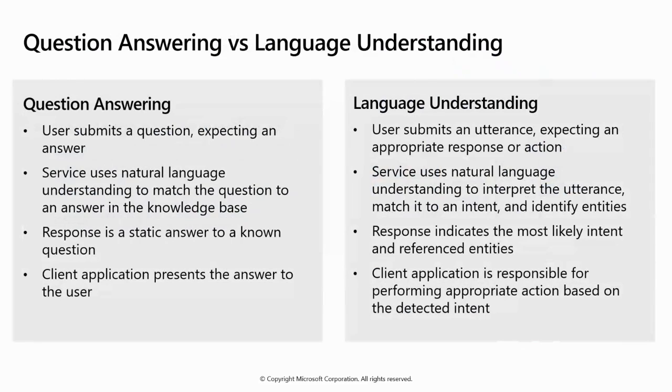In fact, the two services work well together. You can make a complete natural language solution by putting together models that understand conversational language and knowledge bases that know how to answer these questions.